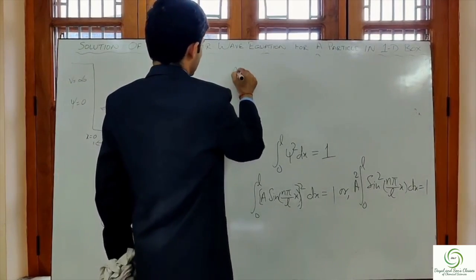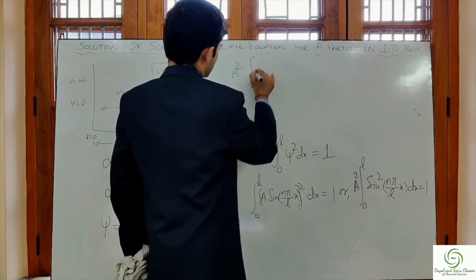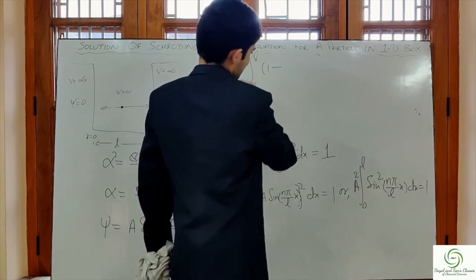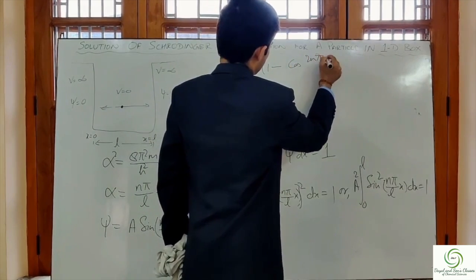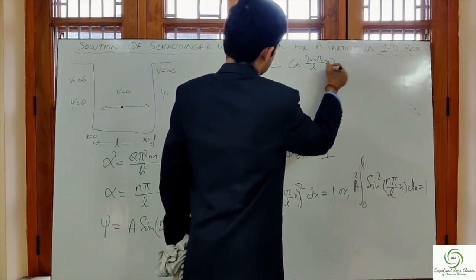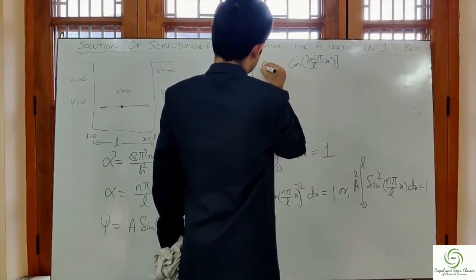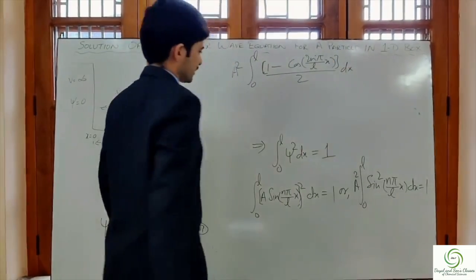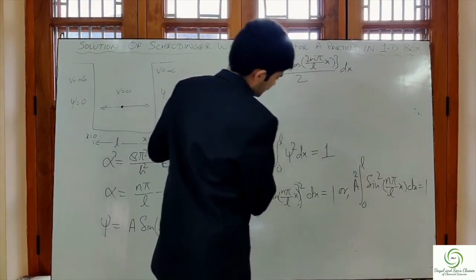What we get is a squared integral 0 to L of (1 minus cos 2 n pi by L x) whole divided by 2 dx. Alright, I hope this much is clear.